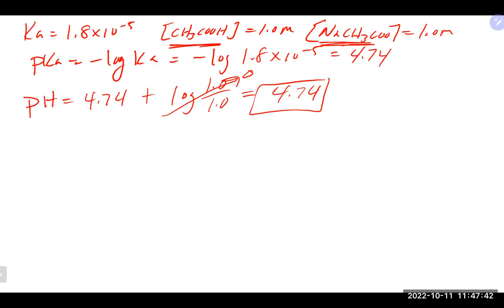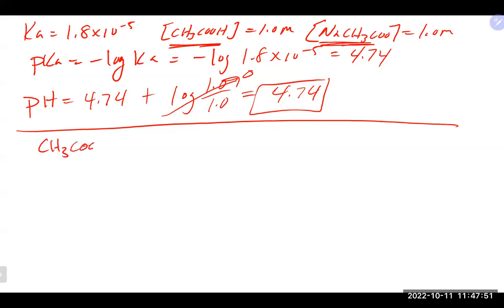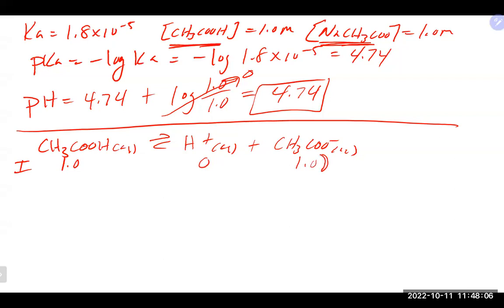Now, if you did choose to do, say, the ice table instead, it would look like this again. You would take your weak acid and you would dissociate it apart. Initially you would have 1 here, you would have 0 here, and most important, you would have 1 there.